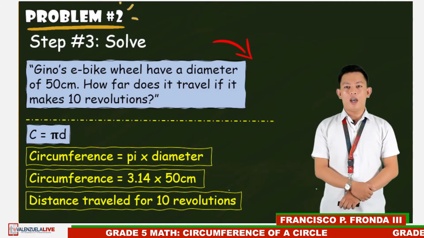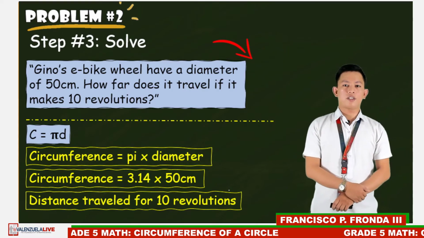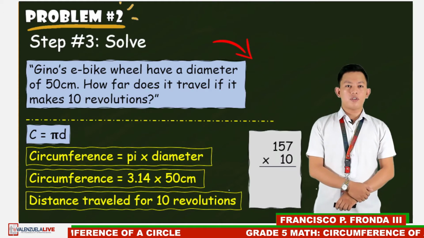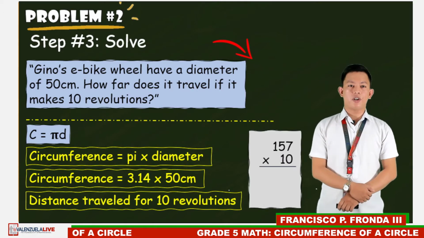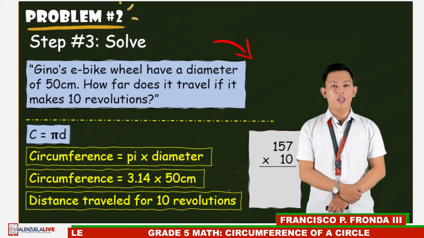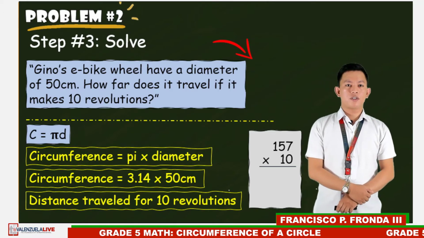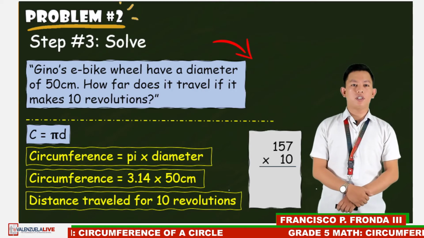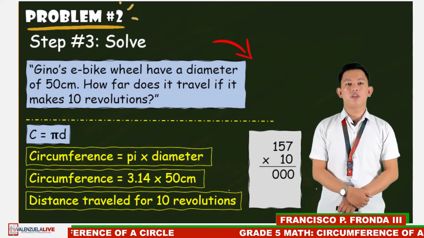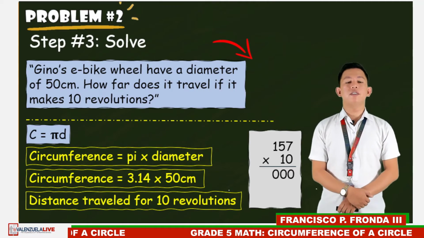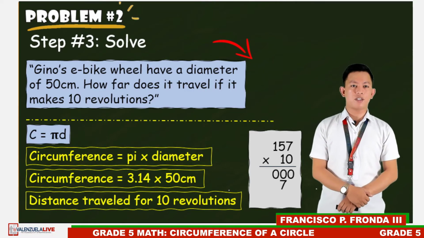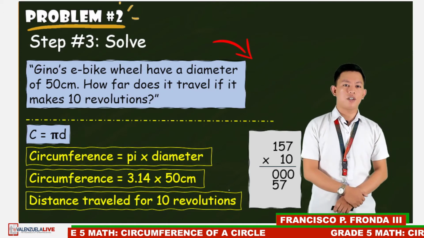we're going to find now the distance traveled for 10 revolutions. So, let's multiply the circumference of the wheel by 10. So, 157 multiplied by 10. So, 0 times 7, the answer is 0. 0 times 5, the answer is 0. And 0 times 1, the answer is 0. Then 1 times 7, the answer is 7. 1 times 5, the answer is 5.